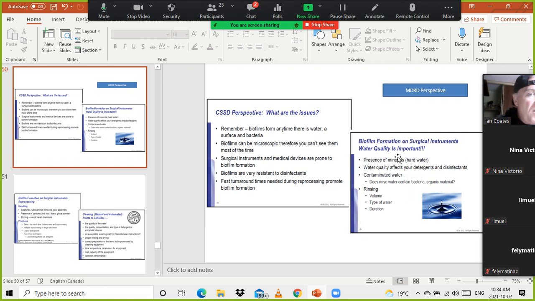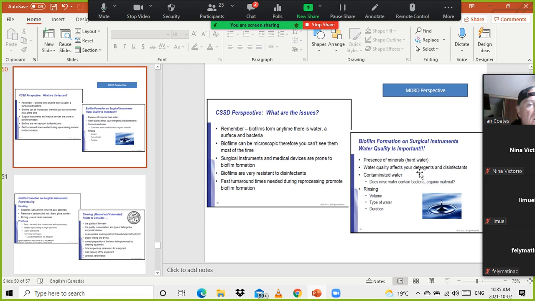The water quality is important. You'll remember, I think it was week 1, we talked about RO water. I'm pretty sure there's a question on that, just its importance and its significance. So, a little bit about this. The presence of minerals, hard water as opposed to soft water. Water quality affects the detergents and disinfectants.